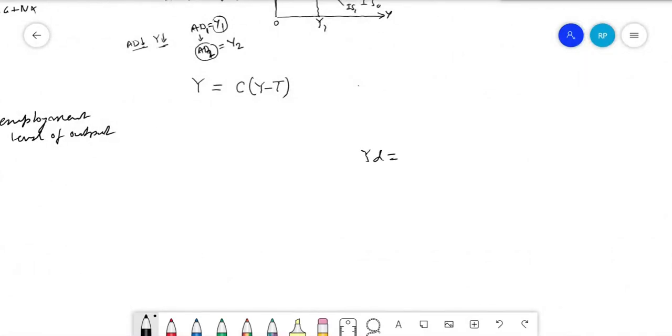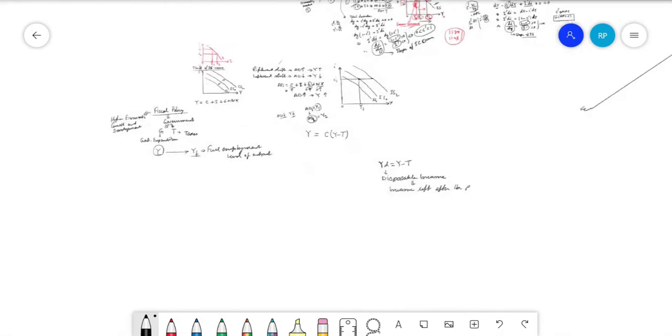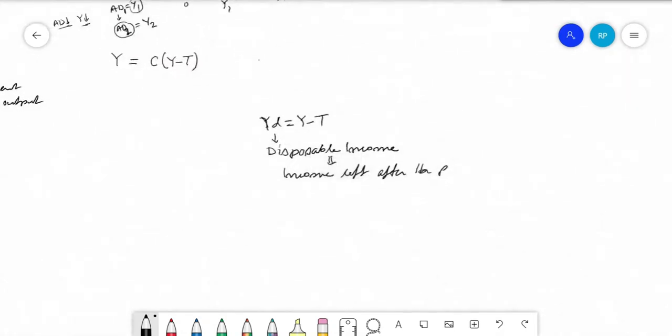YD is your disposable income, which is equal to Y minus T. Disposable income means income left after the payment of taxes.